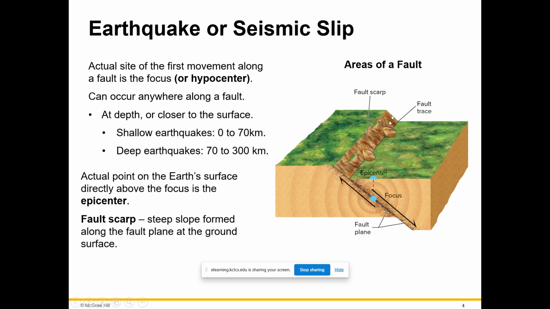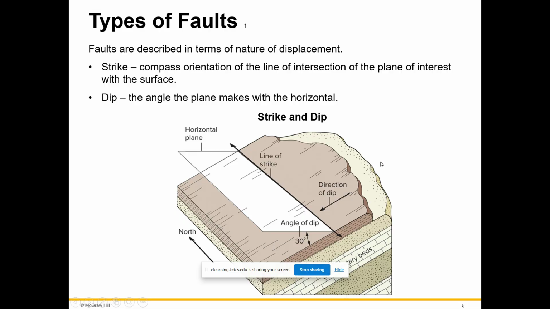So this fault would have a strike of, I don't know, maybe 30 degrees northeast. It's kind of trending that way. This one, kind of trending this way, would have a strike of maybe 45 degrees northwest.